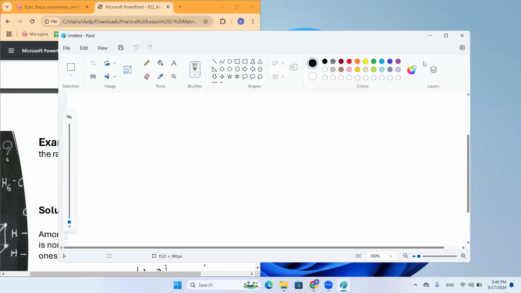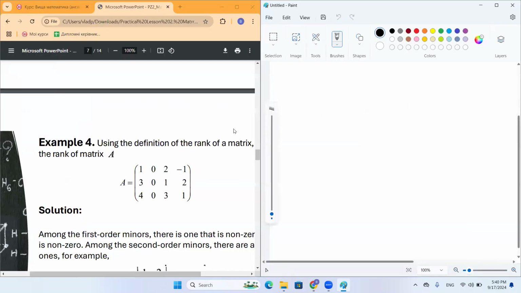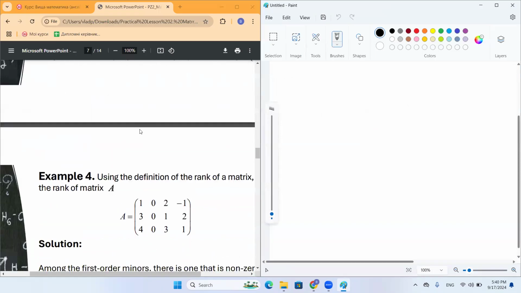We'll continue in Paint. So currently we will use the definition of the rank of the matrix, and we will find minors of these matrices, and then we will know the rank.